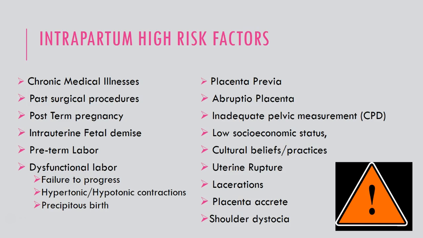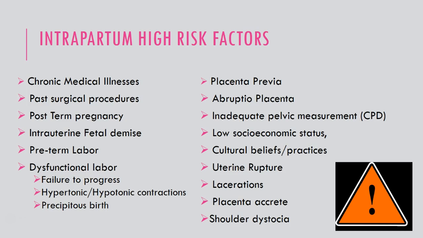Infections can also put a mom at high risk because of the transmission to the newborn, or because of the effects of that infection on her as well. Individuals who are substance abusers are at high risk due to maternal withdrawal, because she's not having access in the hospital.